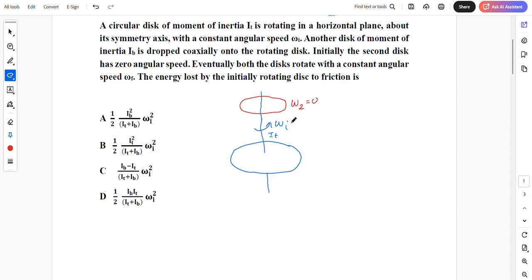Omega 2 is equal to 0. This is omega 1 I will take. They have given the moment of inertia of the other disk. Moment of inertia is how much? IB.